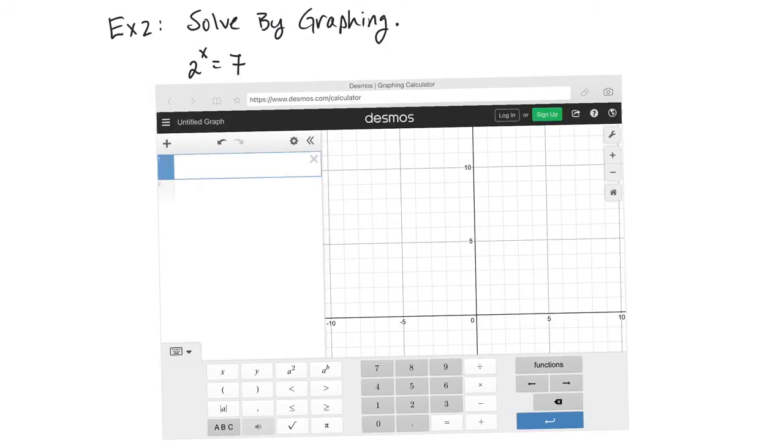In this problem, we're being asked to solve by graphing. So whenever we're solving by graphing, we need to graph the left-hand side and the right-hand side, and see where those lines intersect. So we're going to do y equals 2 to the x, and then we'll also do y equals 7.